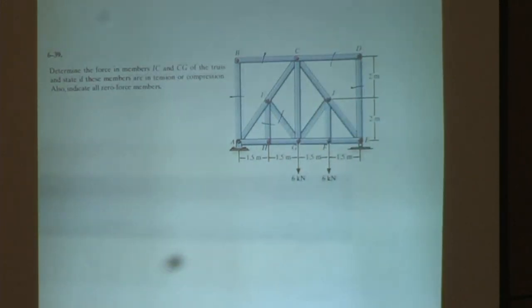Those are our zero force members. As you can tell, this simplifies the problem a lot. As long as you have the intuition to see the zero force members initially, you're good to go. And just remember the simple rules, like the perpendicular members with no external force.